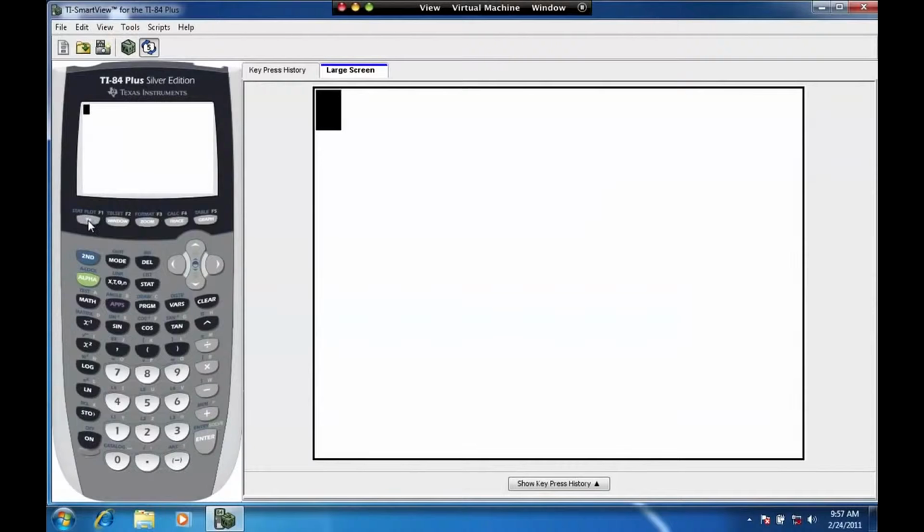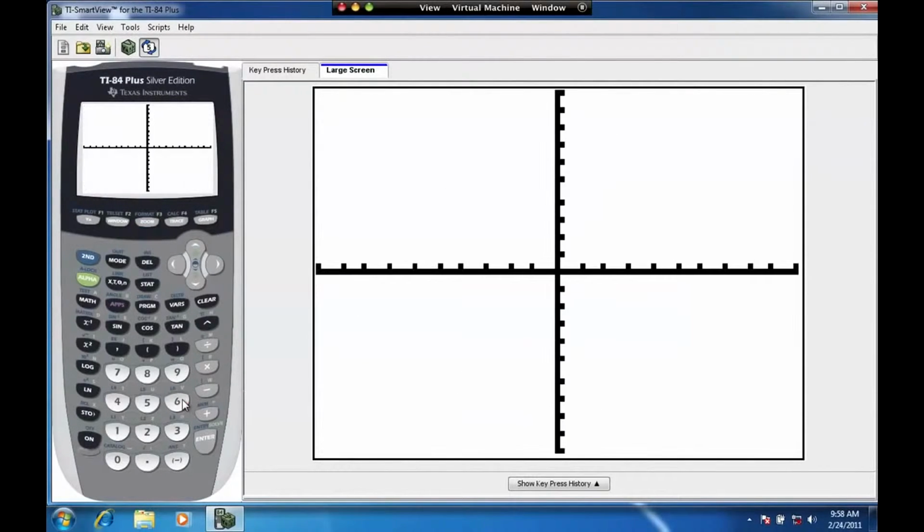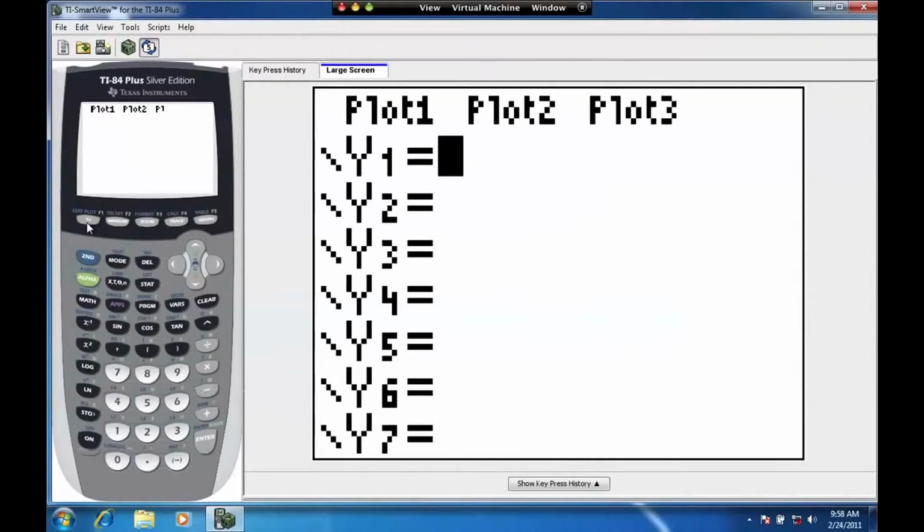So first, I always put myself into standard zoom before I graph anything, which is a 10 by 10 graph. It's negative 10 to positive 10 on the x, negative 10 to positive 10 on the y, and then press Y equals. And I'm going to graph the absolute value function.